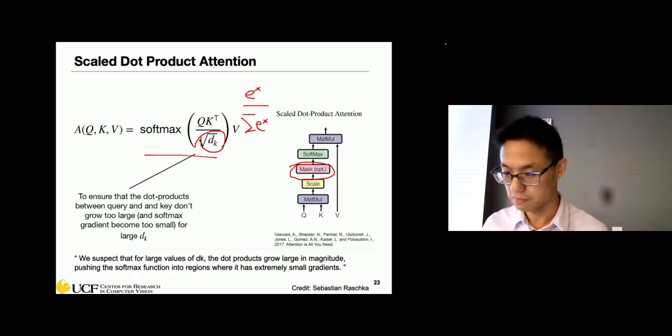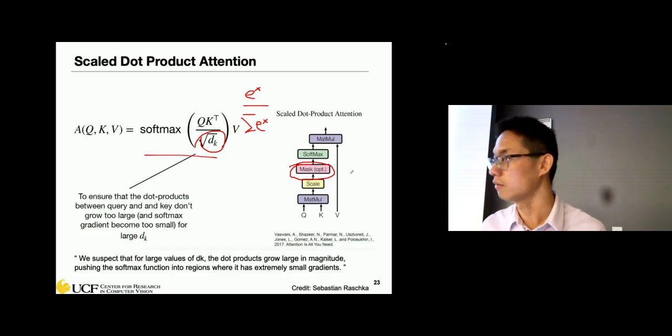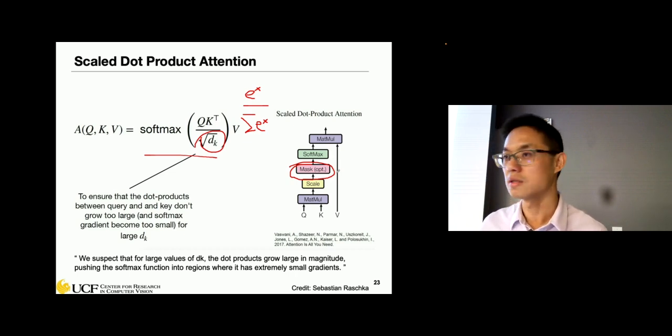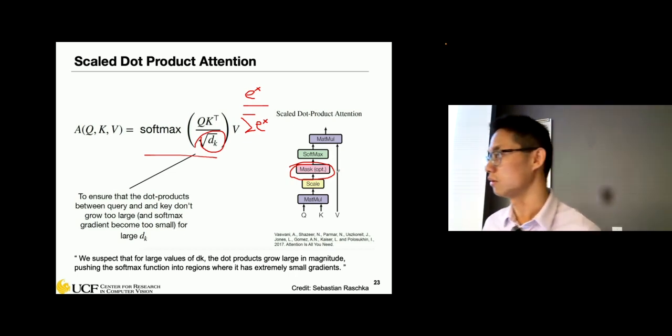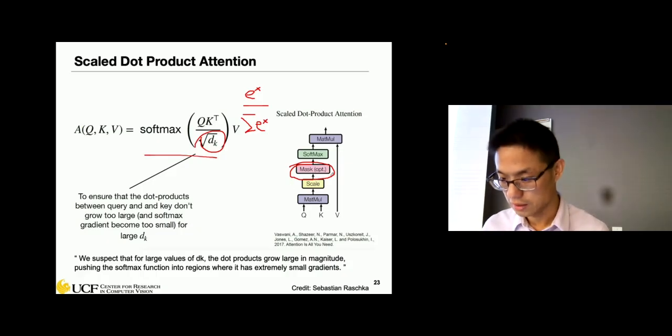If some sequence is smaller than that, you will do some padding, with maybe a special padding token. But those paddings don't necessarily contain any useful information, right? So how do we get the network to ignore that padding information?